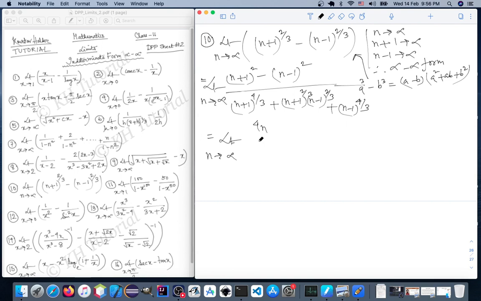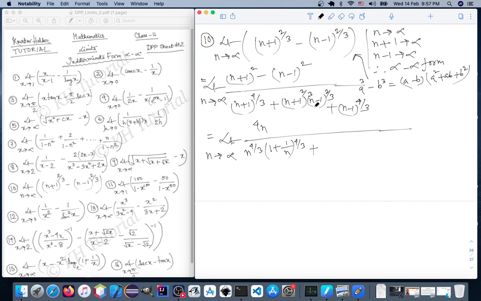In the denominator, if we take n common from (n plus 1), it will come out as n to the power 4 by 3, and this is (1 plus 1 by n) to the power 4 by 3.